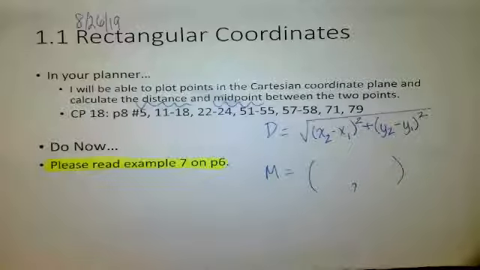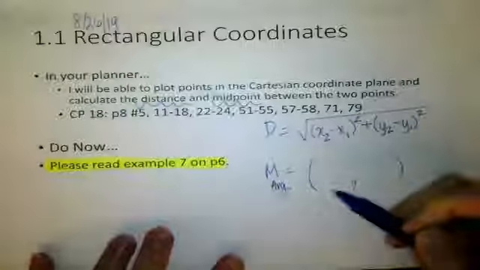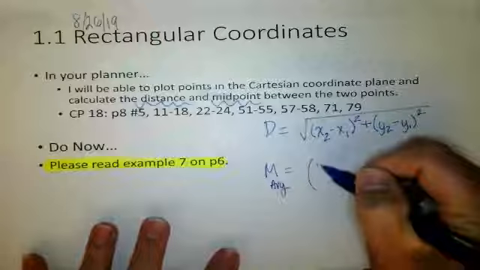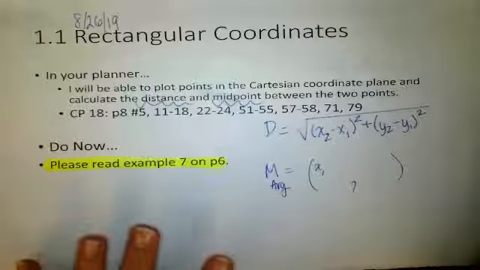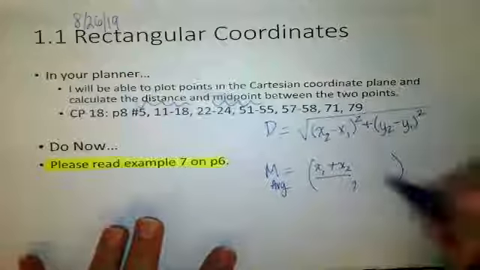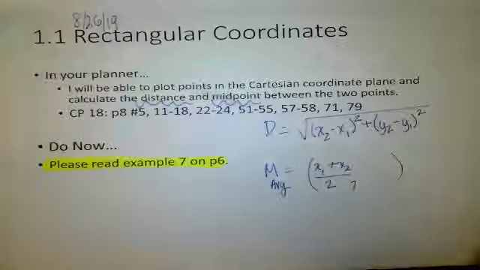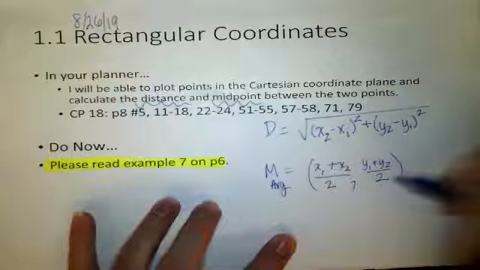So if we want to have an average point, we're going to take the x values, x1 and x2, and we're going to add them and then divide by 2, because that is an average. We're going to do the same with the y values, y1 plus y2, and divide by 2.